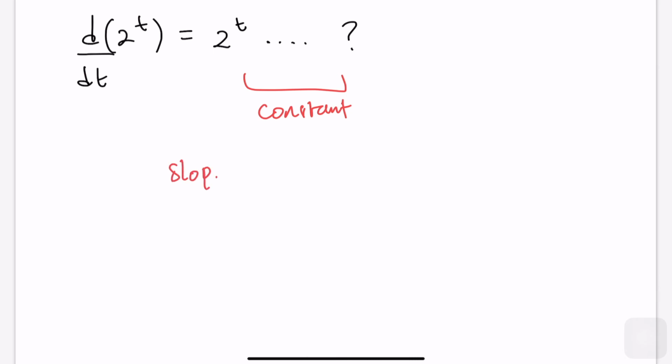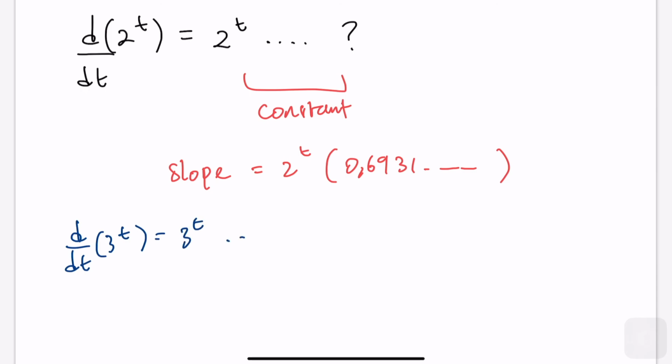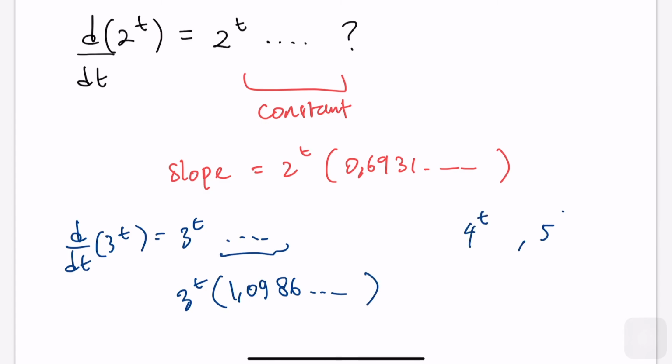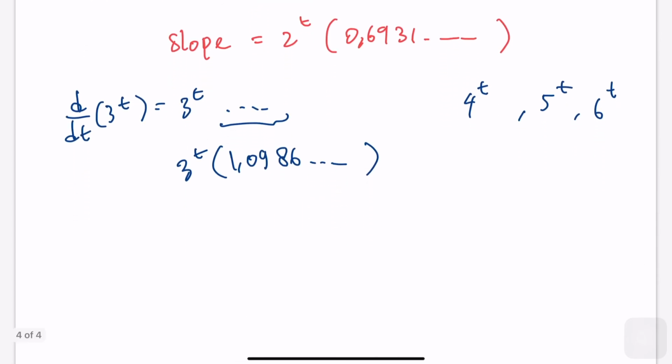So the slope, okay, and then we try with 3, and it also has some constant that is proportional. And you can also try to check and look at the pattern.